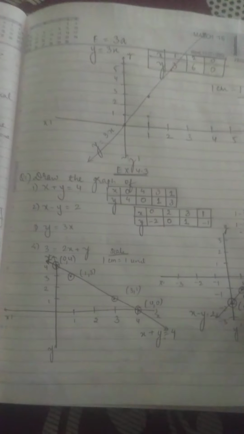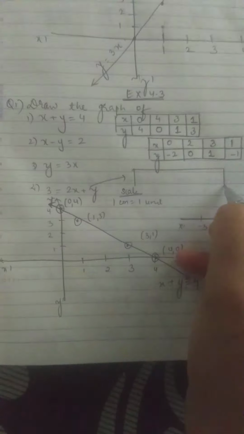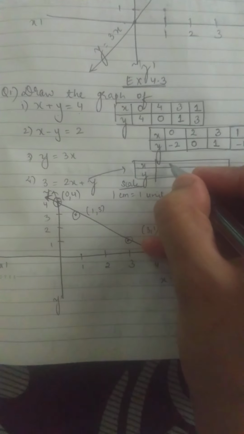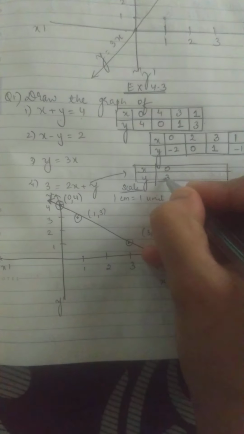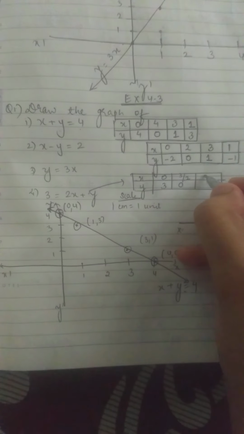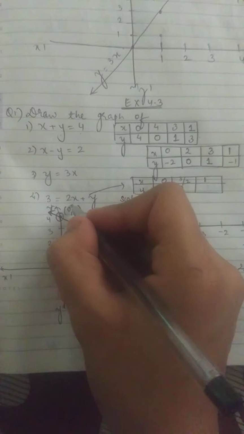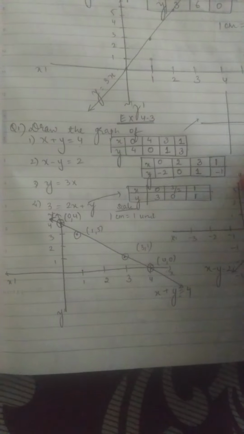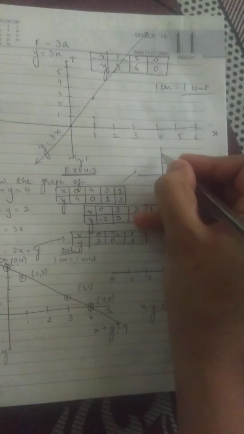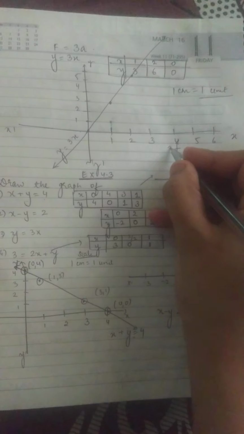Now next we have 3 is equal to 2x plus y. First we will find the solutions, x and y. If x is equal to 0, so y is 3. If y is 0, then x is 3 by 2. If x is equal to 1, y will come out to be 1. So we will draw the graph. 1, 2, 3, 1, 2 and 3.